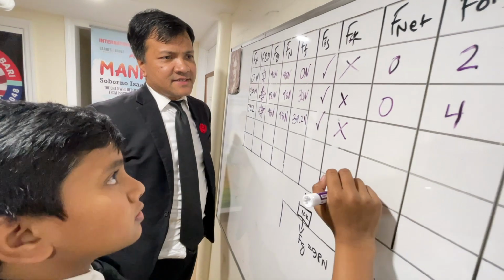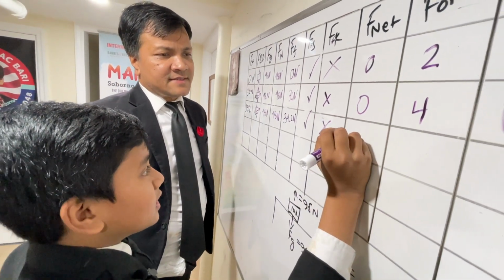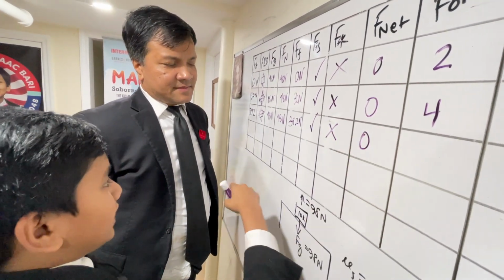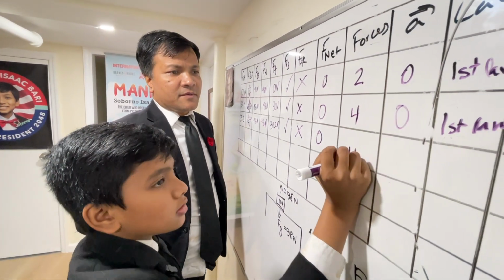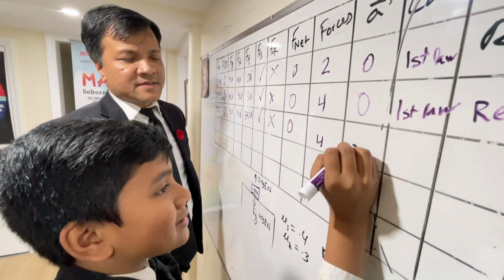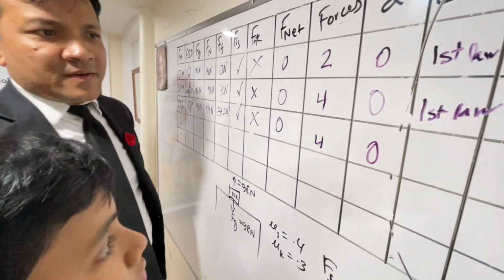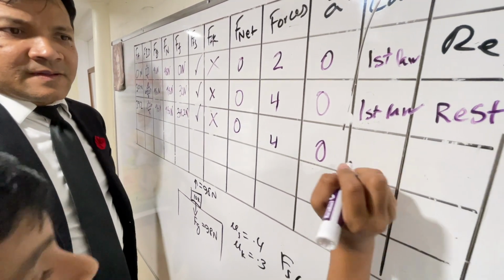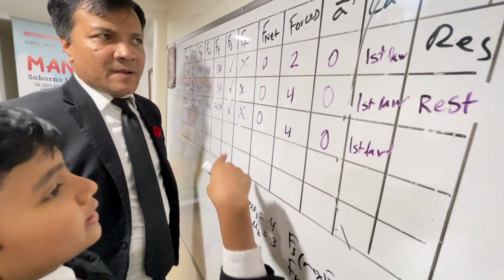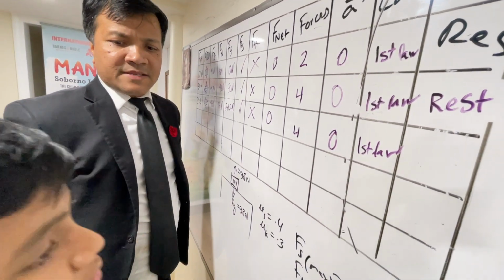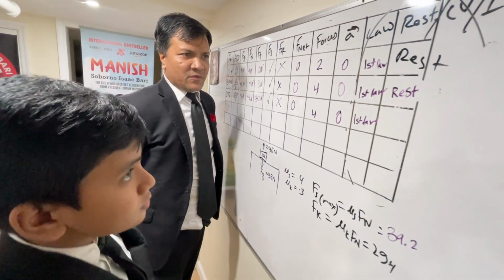What is the F net? Fnet is 0 because everything cancels out. How many forces? There are 4. The acceleration is 0. What law is it? Still the first law, because as you can observe, Fnet and acceleration are both 0. F net is 0, acceleration is 0, first law.